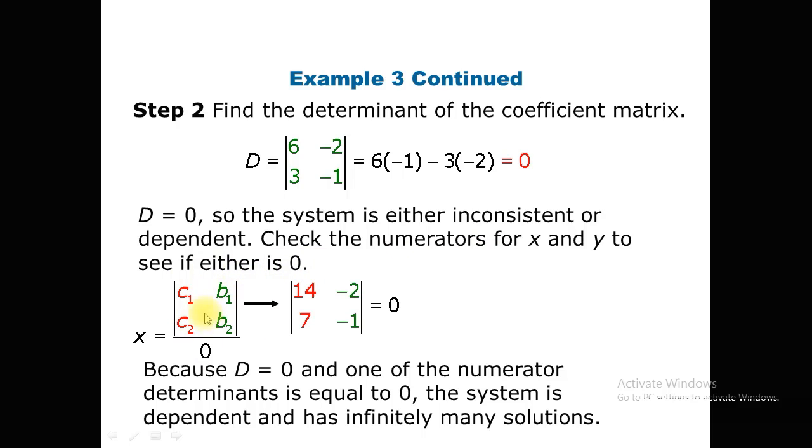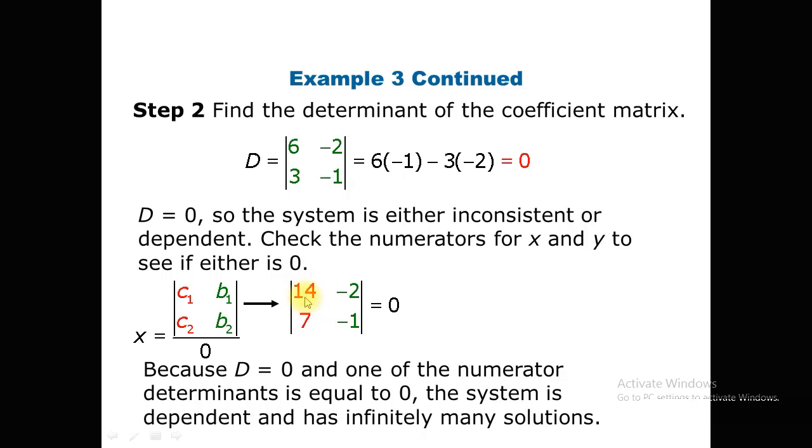Now this is the new determinant dx, and this is the determinant of the coefficient matrix. For the new determinant dx, for the value of x, replace the coefficients of the first column by the constants on the right hand side of the system. We obtain c1 b1, c2 b2, where b1 b2 are the coefficients of the second column, and the first column is replaced by the constants 14 and 7.